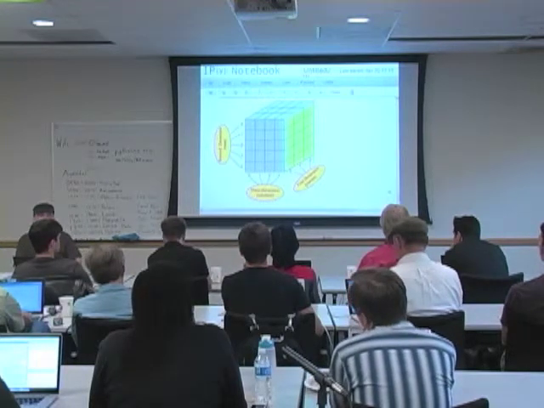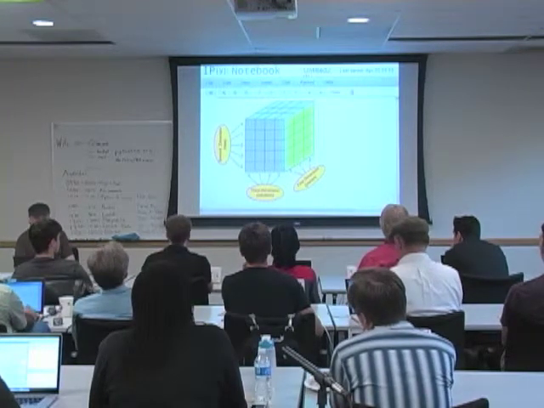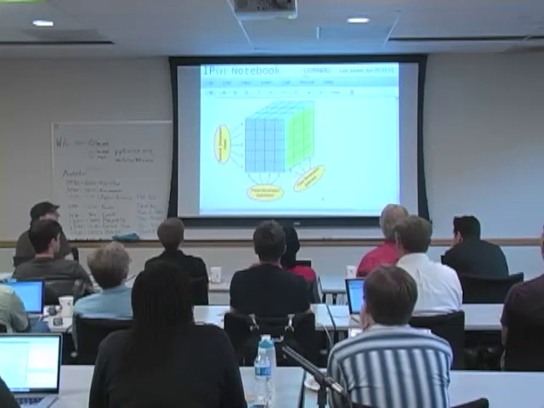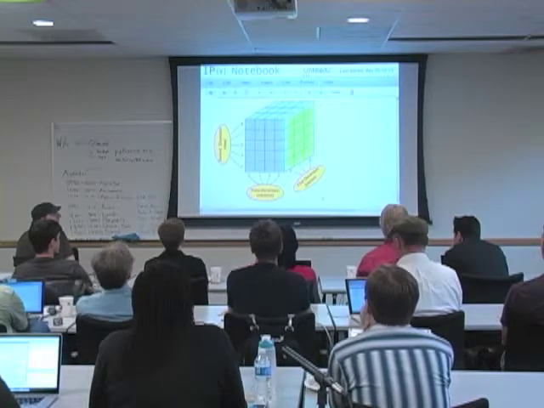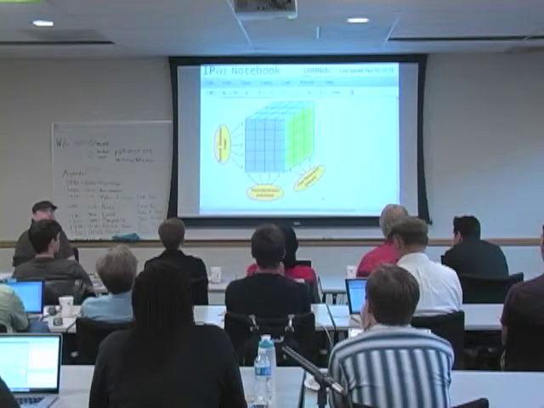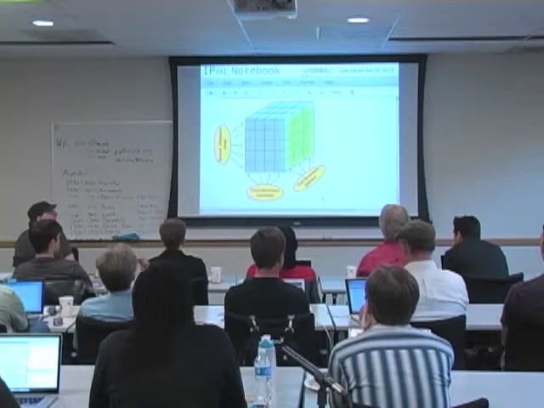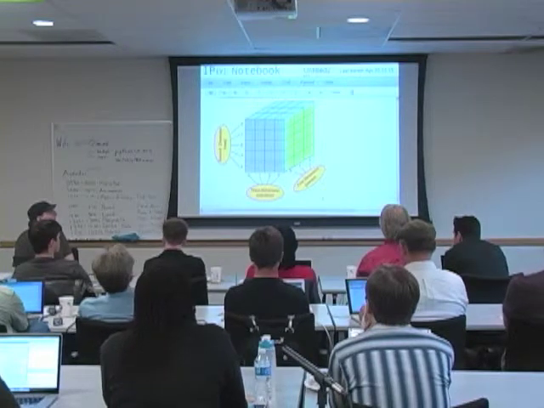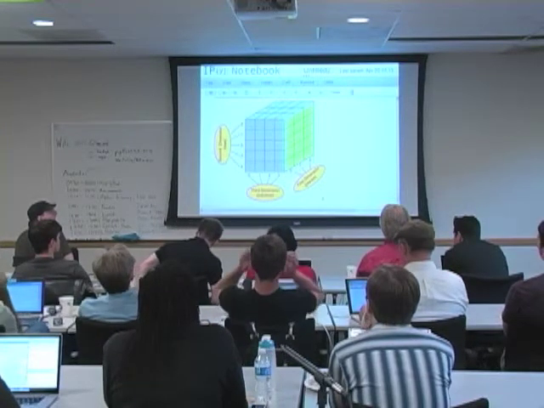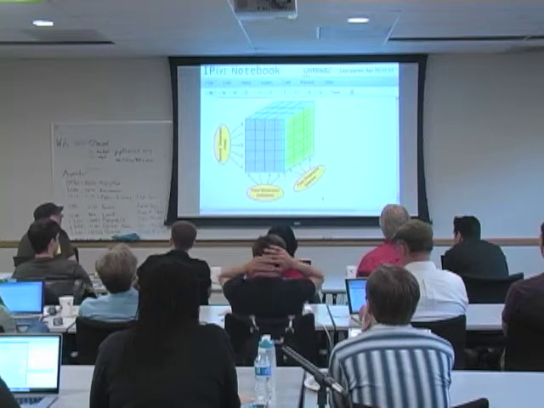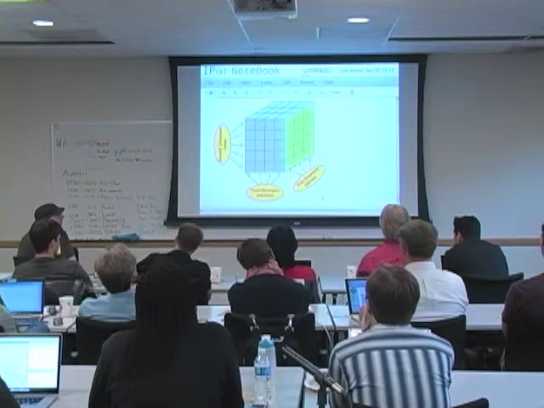So here's a three-dimensional array. In NumPy speak, these are the axes, and you can think of them as the axes in geometry. This would be the first axis, then the second, and then the third.